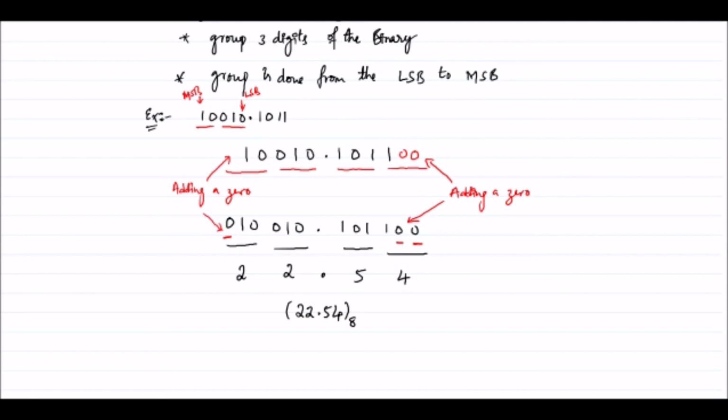So a 0 is placed here, and 2 zeros are placed here in order to make these 3 as one group. Okay, 010, which is nothing but the octadecimal equivalent value 2. Okay, 010 is 2, 101 is 5, and after placing these 2 zeros this value becomes 100, which is nothing but 4.